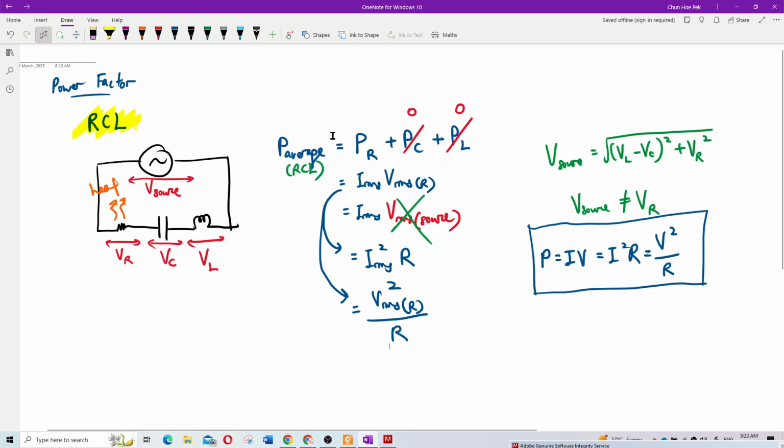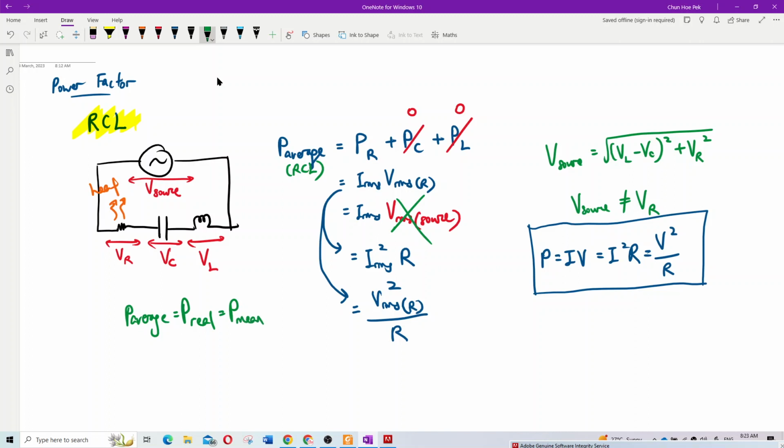Now, we have several names for average power. Average power can also be called real power, or mean power. Sometimes we don't say average, we say mean. Mean is average.